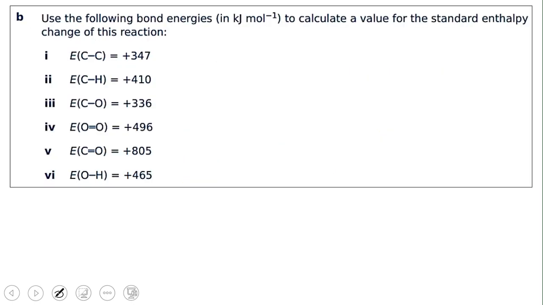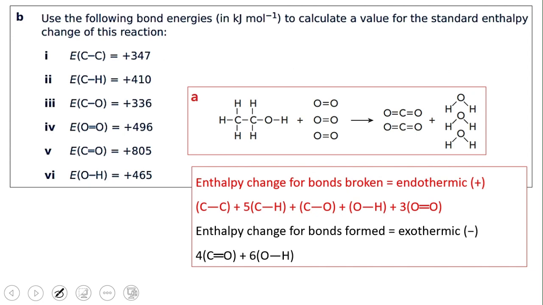If you remember, in the reactant side we always have bond breaking, and bond breaking is always endothermic. It means we are going to use positive values. The product side always has new bond formation, which is exothermic because bond forming releases energy, so it will be negative energy.